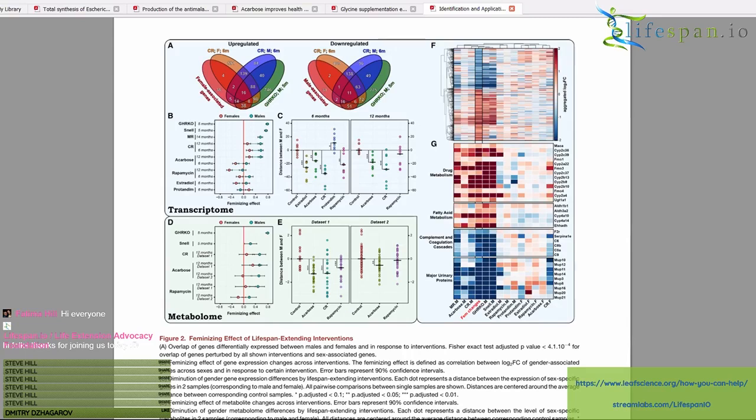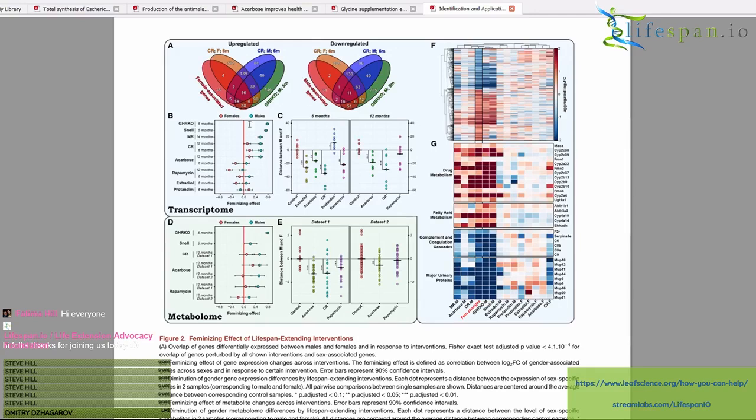And we wanted to see if this pattern is universal, if it's specific only for certain interventions or it's a general pattern. And for that, we first identified differences between males and females, which is pretty simple. And then we looked at how interventions change these sex-specific genes. If they change them in the same direction, in the opposite direction, or in no direction, with correlation of 0.